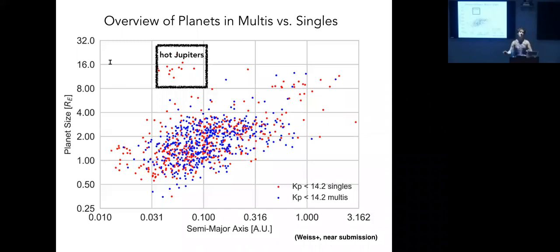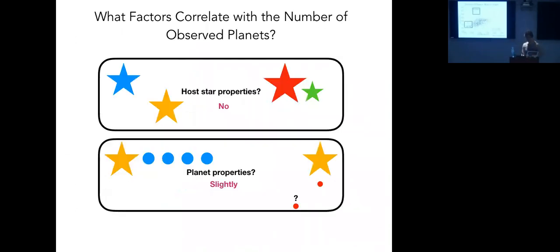And that explains why there were more large giant planets, and it also slightly explains the distribution in semi-major axis differences. We also see a population of hot Earths that appear to be single. So both of these populations were already known. These aren't new discoveries, but it's nice to see them show up again in a statistical survey. So in summary, host stars are not different based on the number of transiting planets.